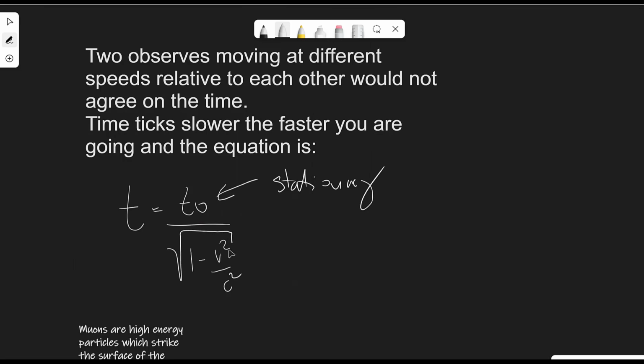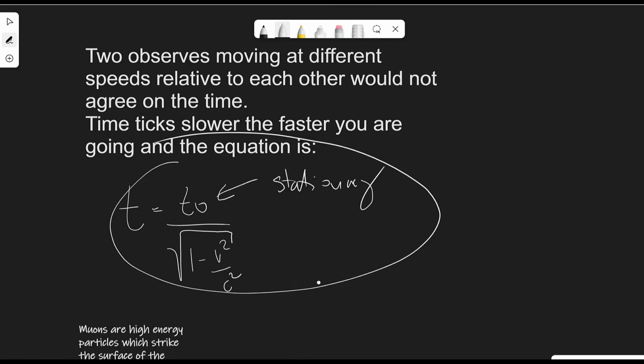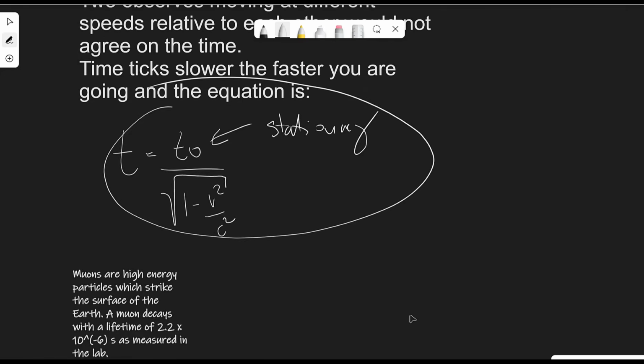So this speed v is the relative speed between the two frames of reference, and c here is the speed of light. Now this equation actually means that time ticks slower, and there are many different experimental verifications of this. For instance, you put two very precise atomic clocks on planes, you fly them around the Earth for 48 hours, and you come back and they differ by the tiniest amount, exactly as predicted by Einstein's theory of relativity.